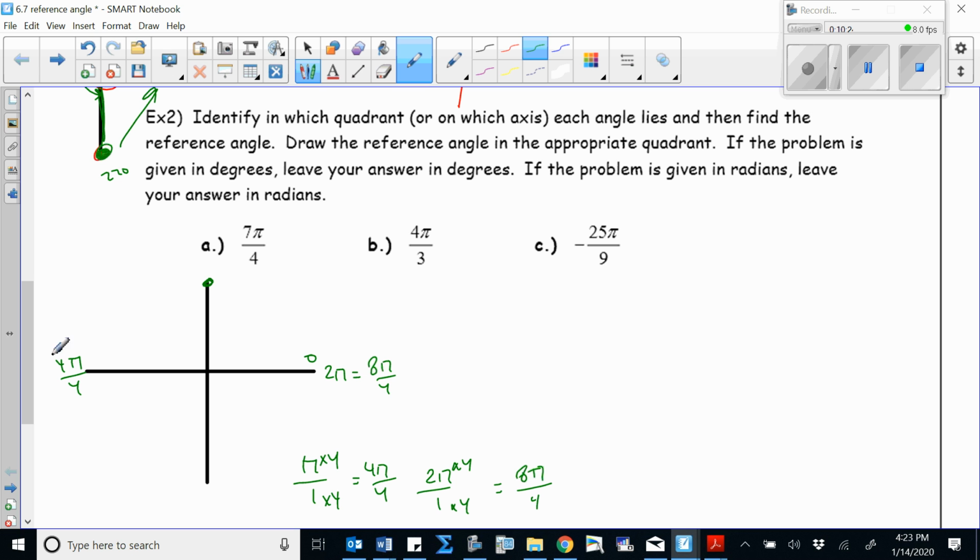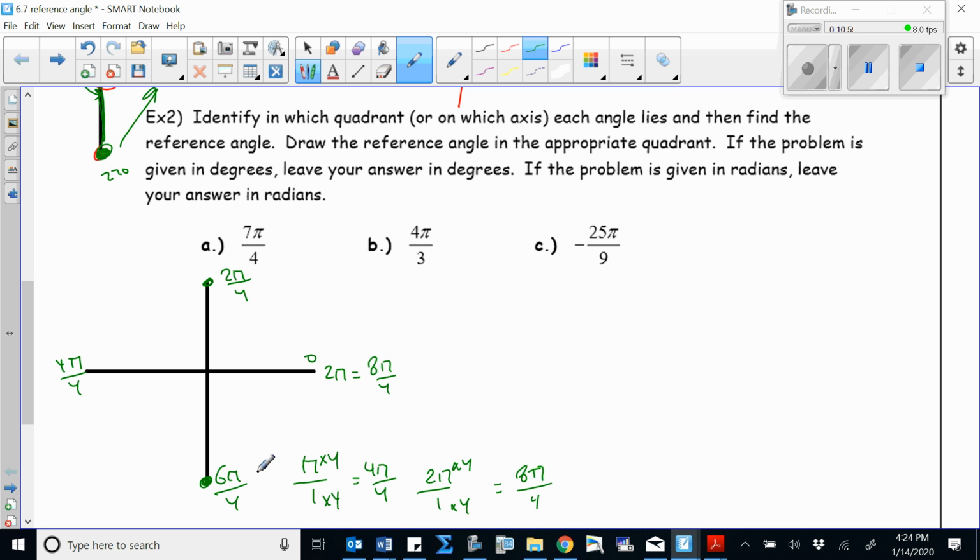So half of 4 pi over 4 will be 2 pi over 4. You just divide 4 pi by 2 and you get that. For the next point, you just need to add half of this distance, because all these quarters are equal to each other and they're all equal to 2 pi over 4. So another half is added here. So 4 pi over 4 plus 2 pi over 4 will be 6 pi over 4.